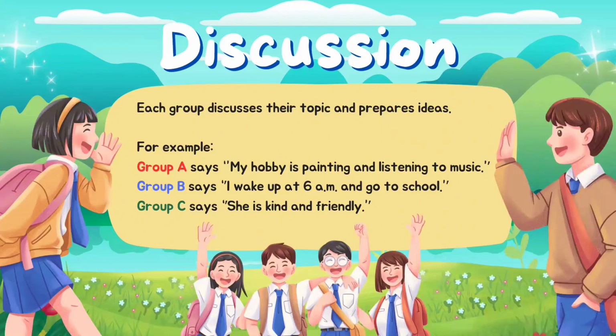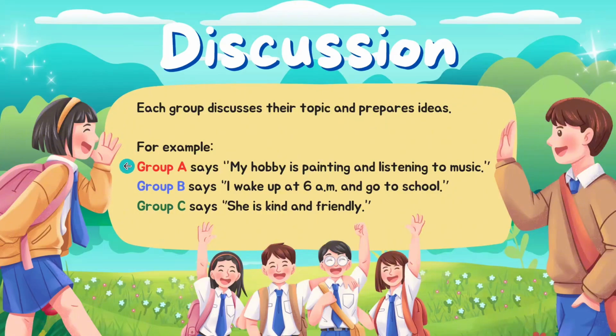Next, each group discusses their topic and prepares their ideas. So they must prepare and discuss the topic that they want to talk about. For example, Group A discusses hobbies.